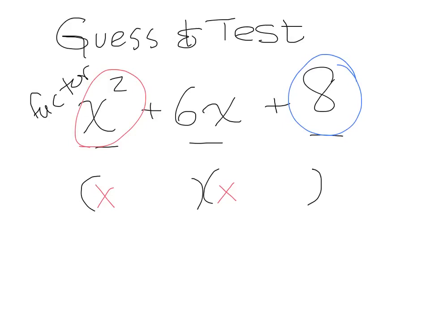The problem is 8 has a couple of choices. I could do 1 and 8, I could do 2 and 4, and you don't know which one to do. So you're just going to imagine guessing, okay, and say you put a 1 and an 8. And then you have to test and see, do I come up with the proper middle term here, okay?